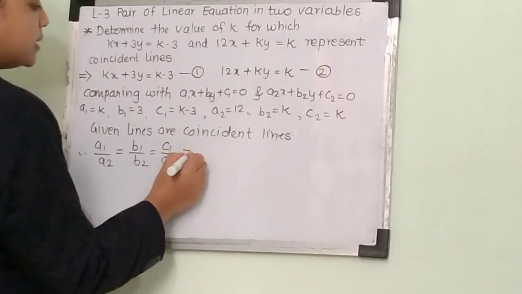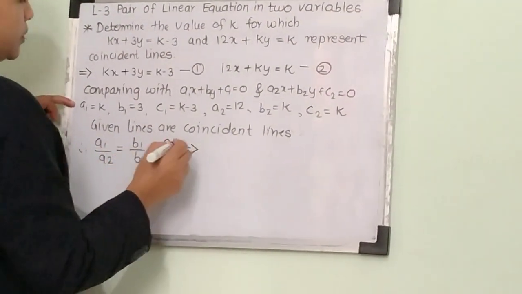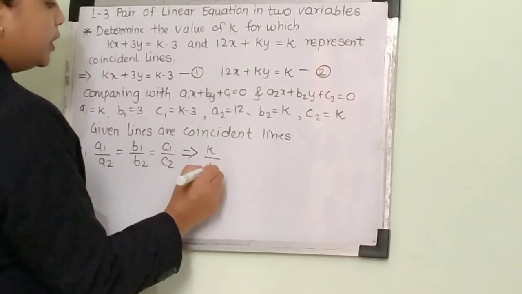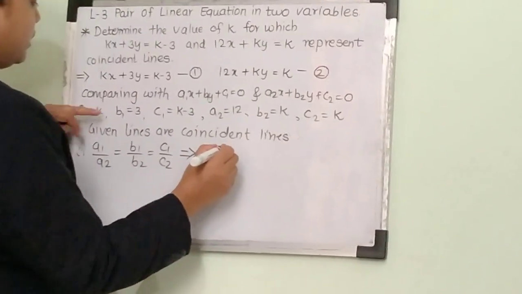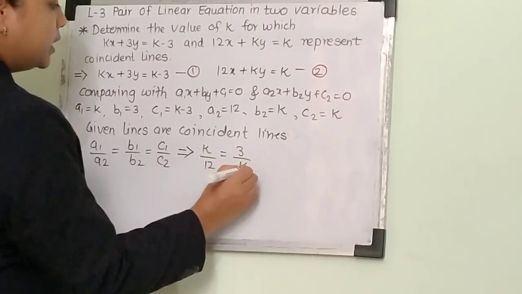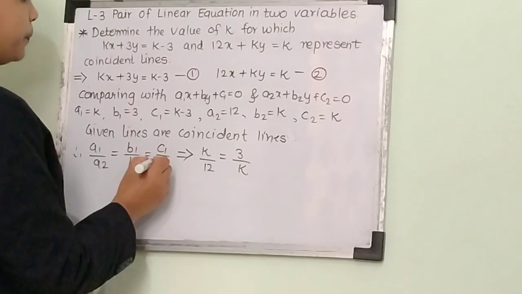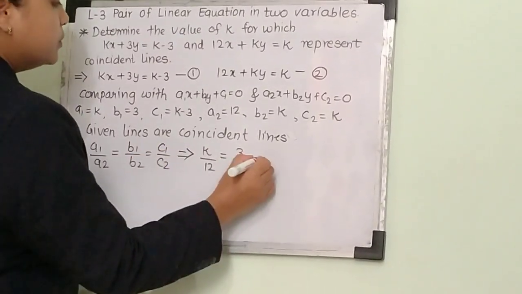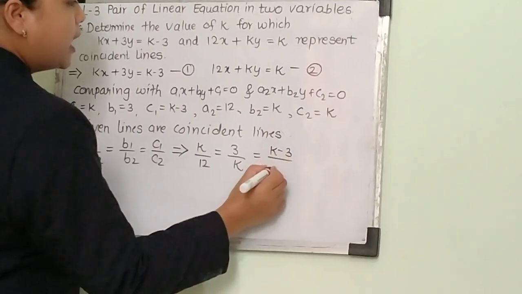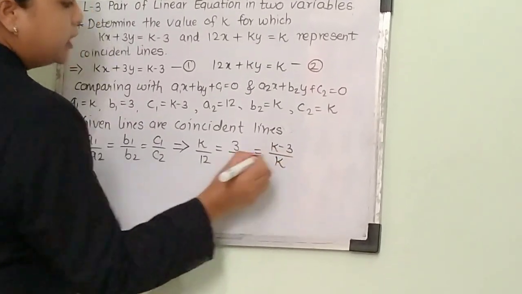So it implies that we are going to substitute the values. a1 as k, a2 will be 12, then b1 will be 3, b2 will be again k, equals to c1 is equal to k minus 3 and c2 will be k.